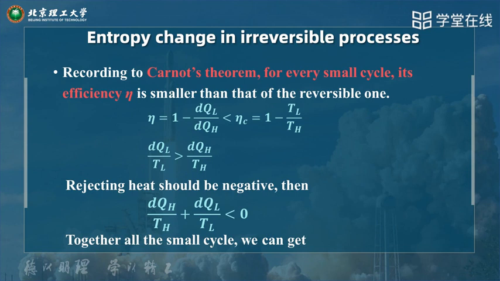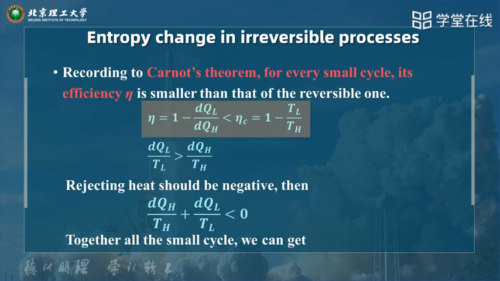So the efficiency, equal to 1 minus dQL over dQH for one small cycle, is certainly smaller than eta C. Eta C is the reversible Carnot cycle efficiency, eta C equals 1 minus TL over TH. Certainly we easily obtain this equation.